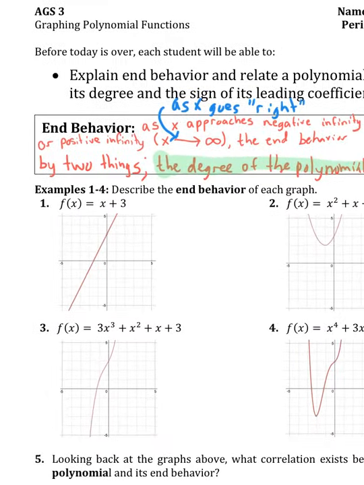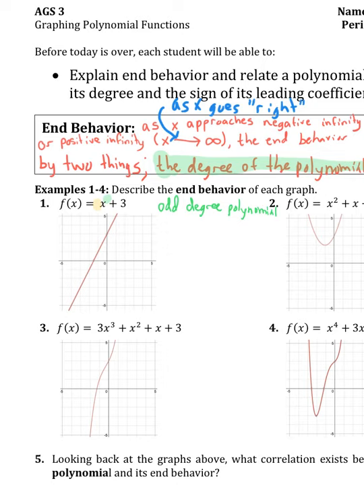Starting with problem 1, it says describe the end behavior of each graph. So what we're going to do first is identify the degree of the polynomial. And there's nothing written, so it's technically a 1. And then the leading coefficient, that's the other part. So the degree of the polynomial is 1, so it's an odd degree polynomial. And like I said, in this problem, the coefficient would just be a 1.